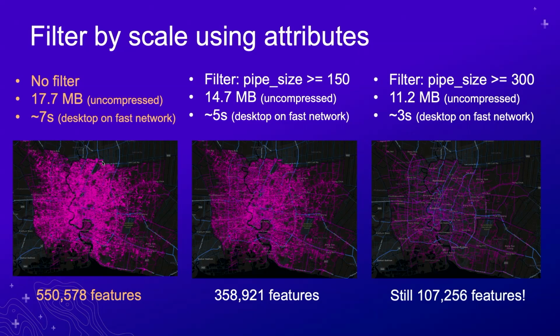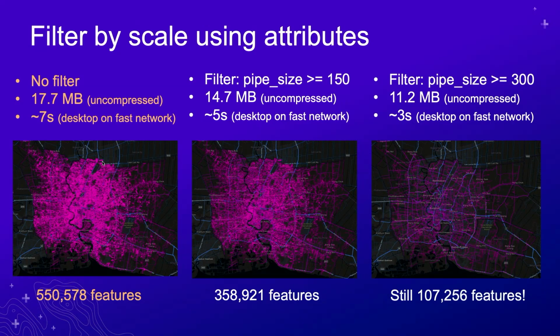So you may have noticed when I showed you the data tab on that layer that there is a field for the pipe size. For line data and point data, especially when we're making data-driven visualizations by numbers, there's often some indicators that we can use to filter out data that doesn't make sense at the smaller scales, basically when you're zoomed out.